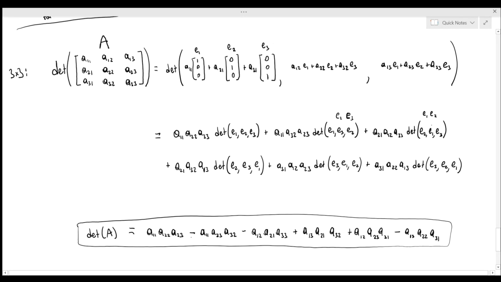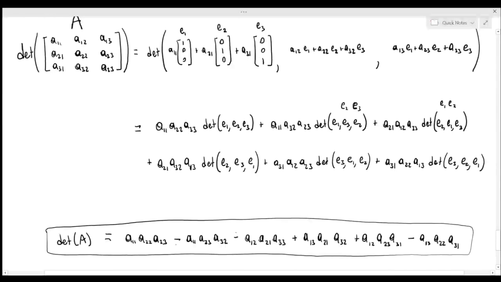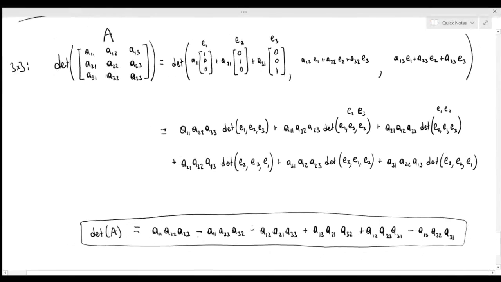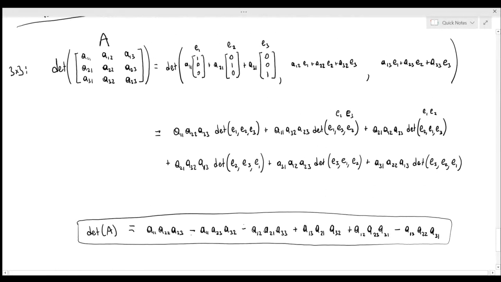Since it has to swap once to get the identity, this determinant is also -1. That's why I have a negative, and then I wrote A12 and then A21. And then likewise here, this one, we have to swap twice.